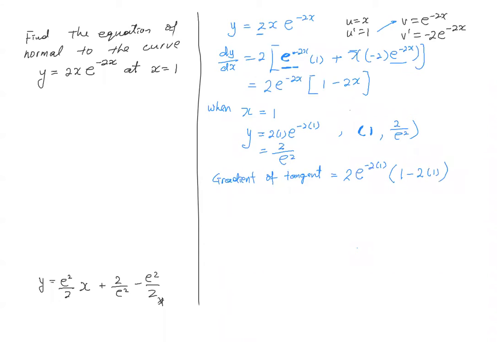So the gradient of tangent will be negative 2e to the power of negative 2, which means negative 2 over e squared. Therefore, gradient of normal will be equal to negative 1 over gradient of tangent, so this is e squared over 2.